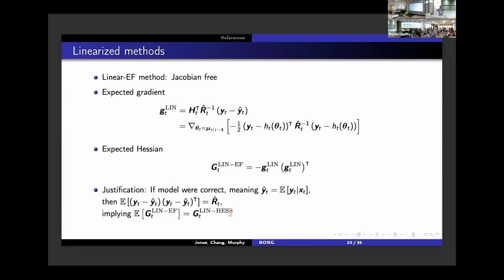So everything is within the world of the linear approximation of the network, but in that case, the EF gives you exactly the Hessian. And that's the justification that people use more broadly for using empirical Fisher as a Hessian approximation. Which is slightly different from using it as a Fisher approximation, but here we're using it for the Hessian.